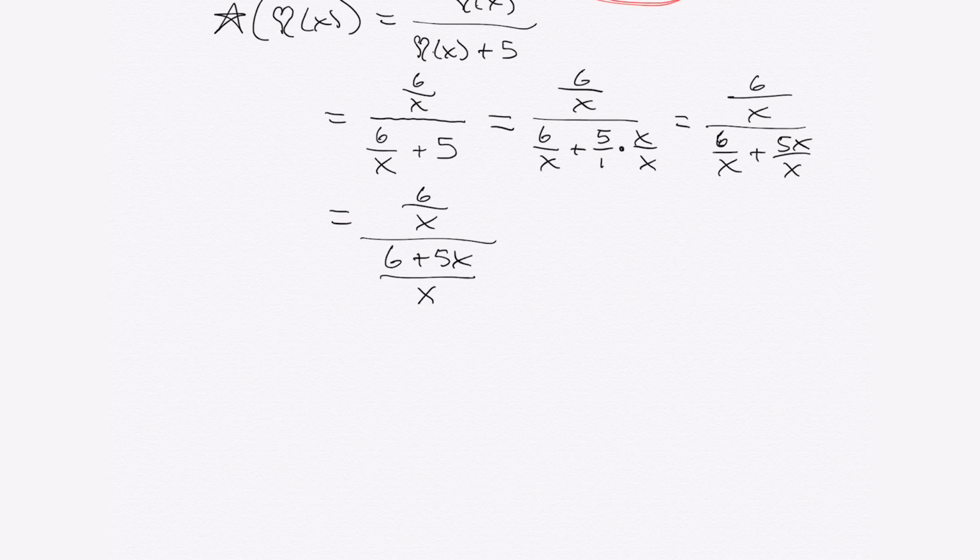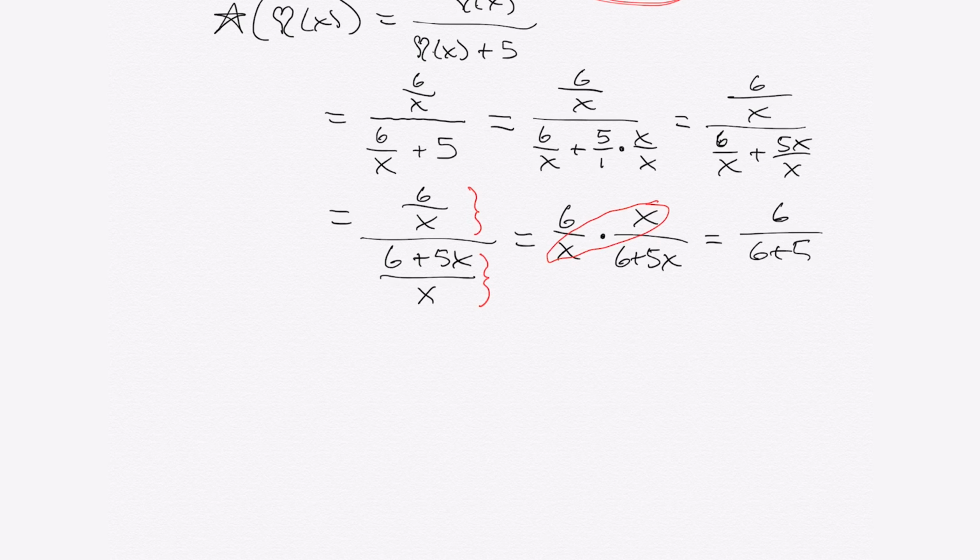And because I have a fraction divided by a fraction, I can keep, change, flip, or division is the same thing as multiplying by the reciprocal. So I keep my numerator, I change division to multiplication, I flip my denominator, 6 plus 5x, and we will now be able to cancel out these x's and write our final answer as 6 over 6 plus 5x.